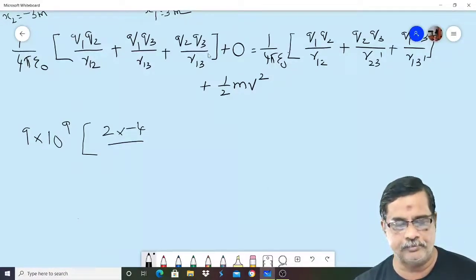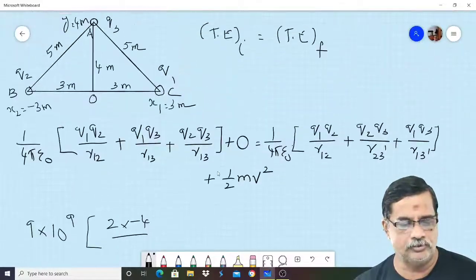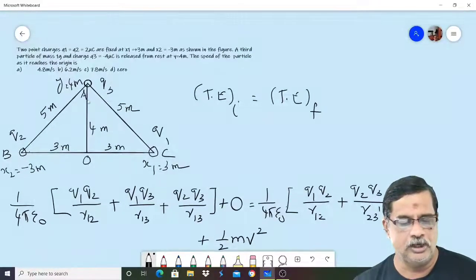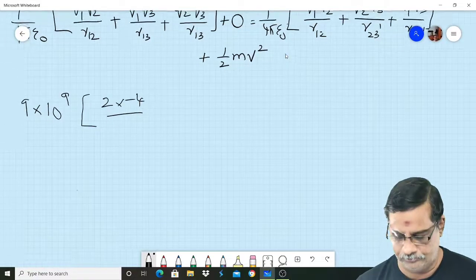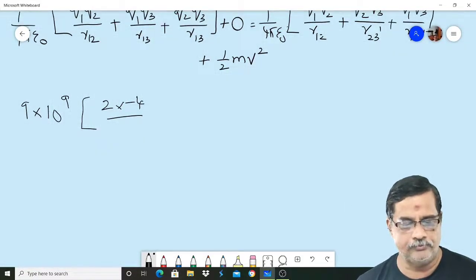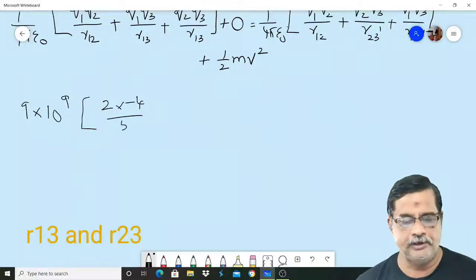Let us look at the diagram. See, this distance is r12, which is BA, and that is equal to 5 meter. Similarly, AC is also equal to 5 meter. So this is equal to 5, plus again q2 q3, which is also 2 into minus 4 divided by 5.